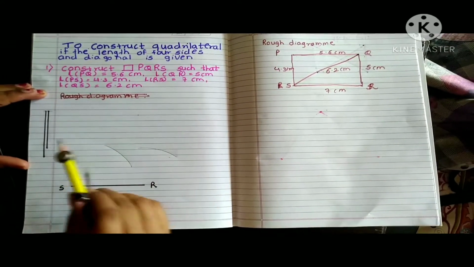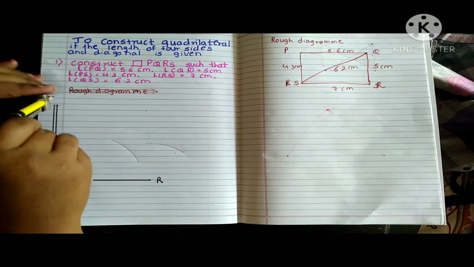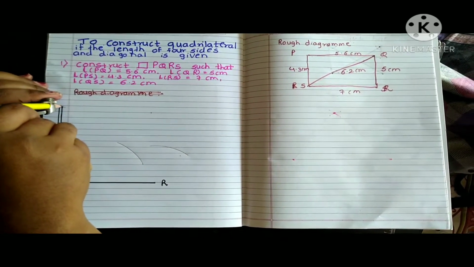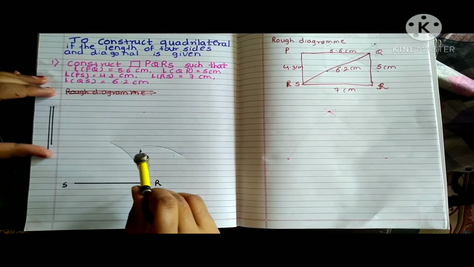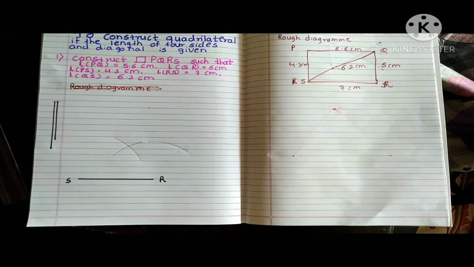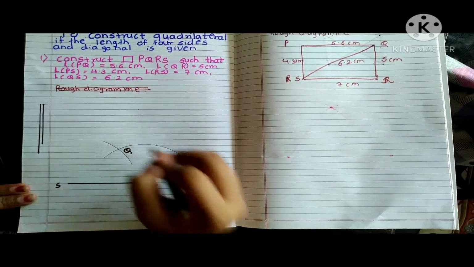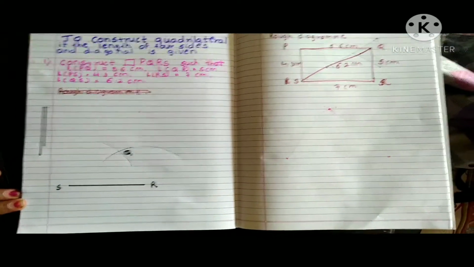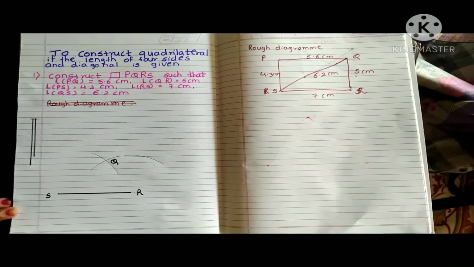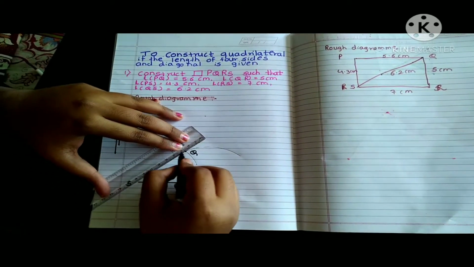Now you can see my two arcs are not joining. So again I will take the measurement of 5 centimeter. See, we got the point Q over here. So we get the point Q now. So now let's join it.